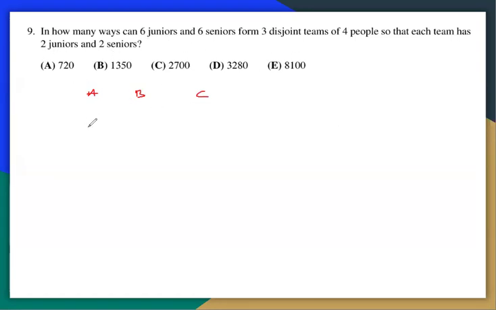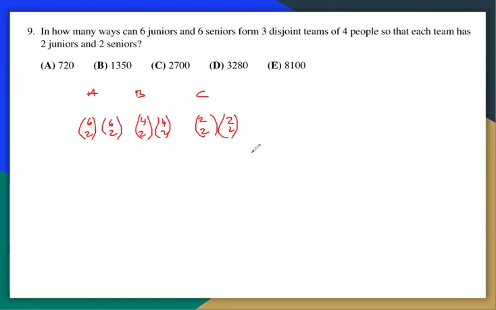We have 6 juniors, so I choose 6 choose 2, and then I need 6 seniors as well, 6 choose 2 for this group. Next, I have 4 people left, 4 choose 2, and then 4 choose 2 again, and the last 2 people go to the last group, so 2 choose 2 and 2 choose 2.